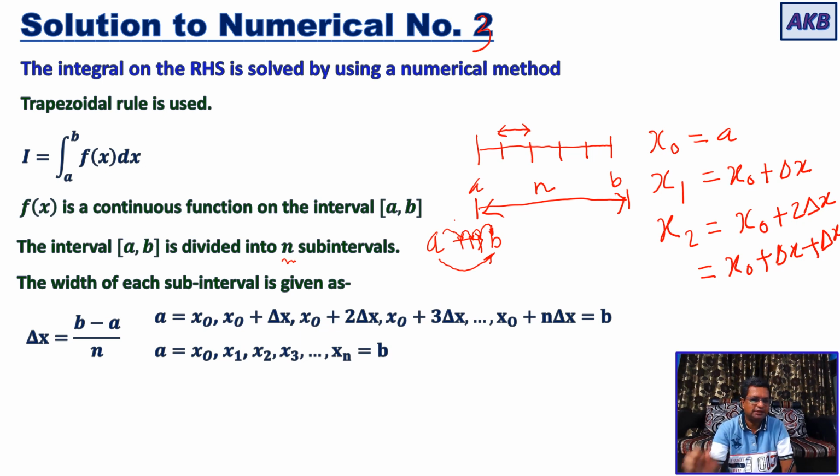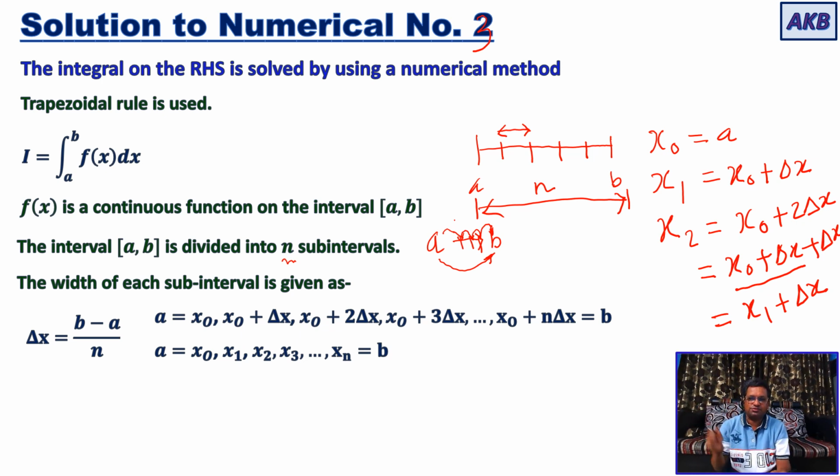So that is 2 delta x is delta x plus delta x, but x0 plus delta x is x1, so it can be written as x1 plus delta x. Are you understanding it? So similarly, you have x2, x3, and then finally you have xn, which is nothing but equal to b.